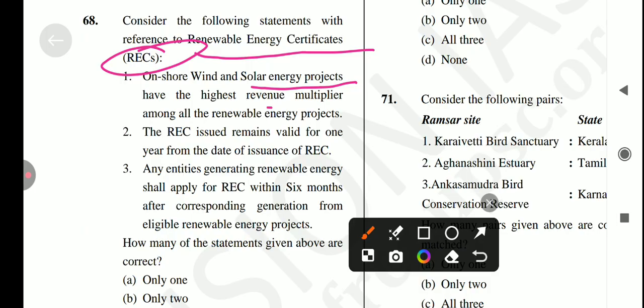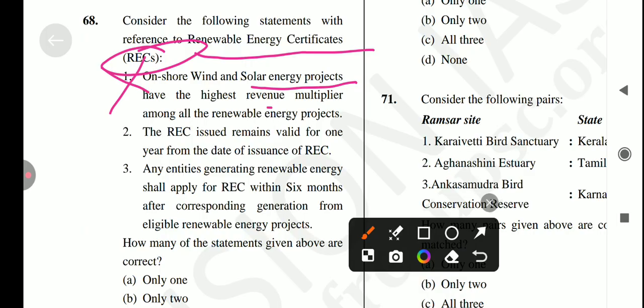No, it's not a correct statement because the revenue multiplier in the REC mechanism depends on regulatory framework and specific project characteristics, while wind and solar project technology multiplier is one, biomass or biofuel based renewable energy projects qualify for higher multipliers. So first statement is incorrect.